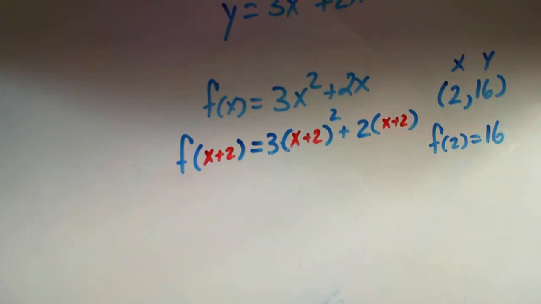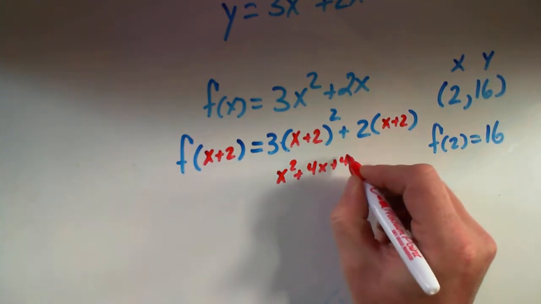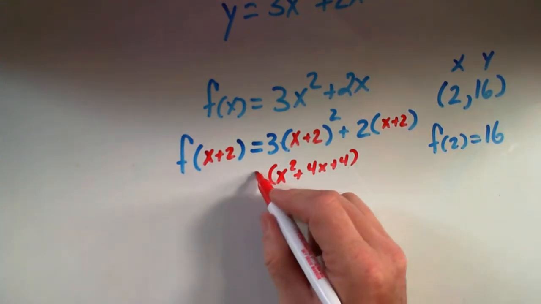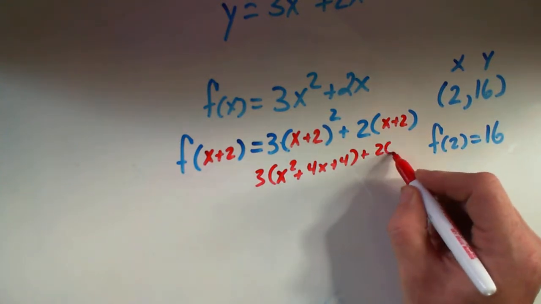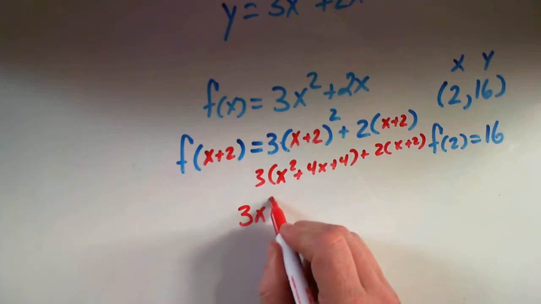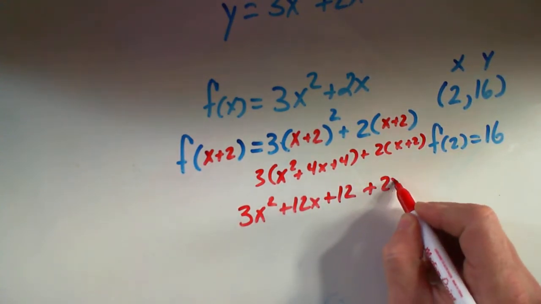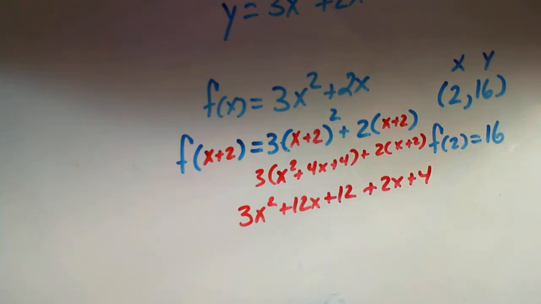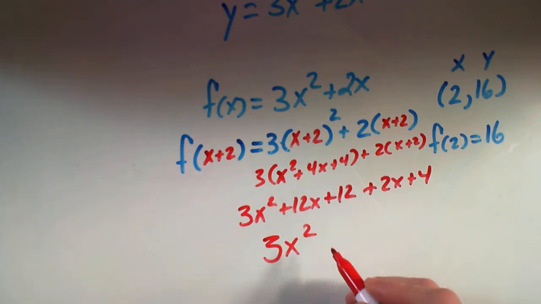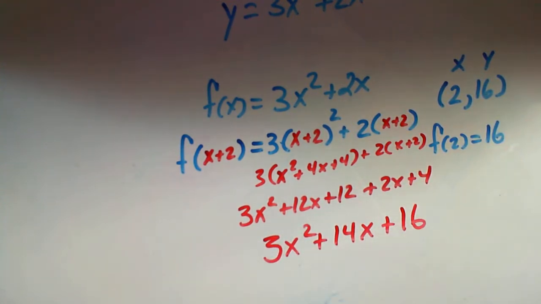So this piece becomes 3 times x squared plus 4x plus 4, plus 2 times x plus 2. Distribute: 3x squared plus 12x plus 12 plus 2x plus 4. And my end function is 3x squared plus 14x plus 16.